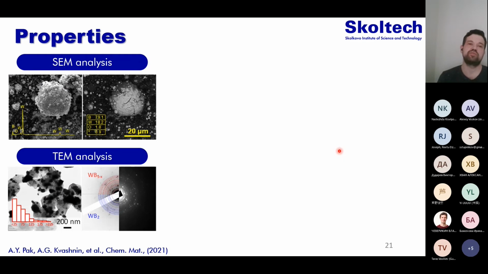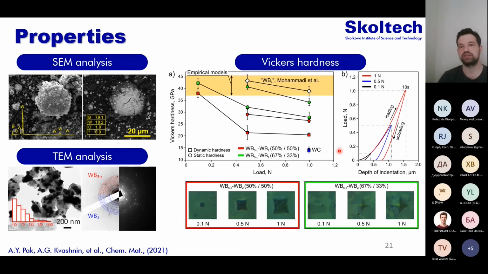Then we performed analysis using scanning electron microscopy and transmission electron microscopy in order to understand the morphology of the obtained nanoparticles. After that, we measured the microhardness of two obtained samples.